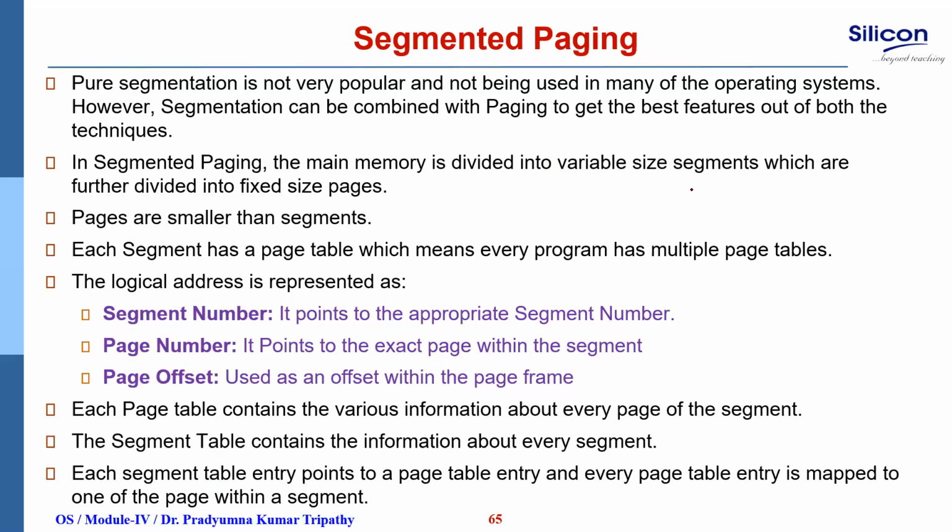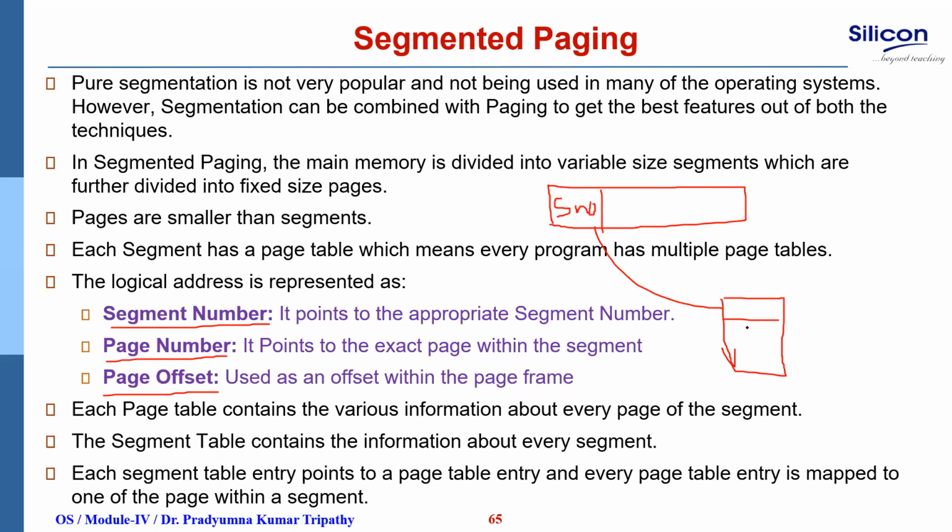Now, the processor will generate an address which has 3 things: segment number, page number, and page offset. That means first we use the segment number, from which we go to the segment table.